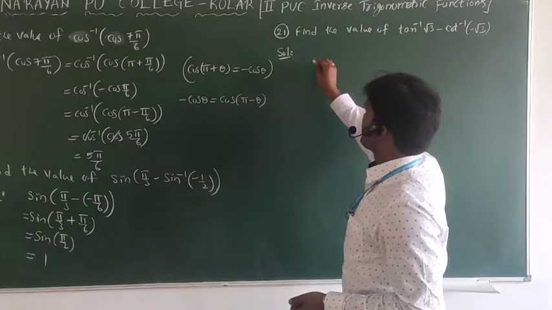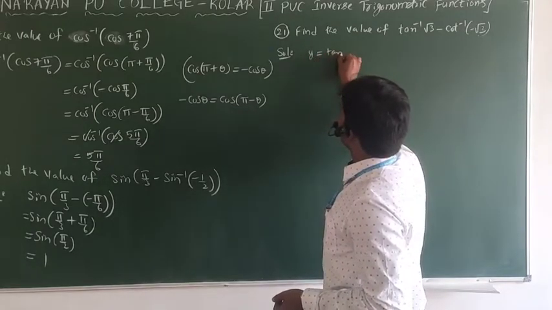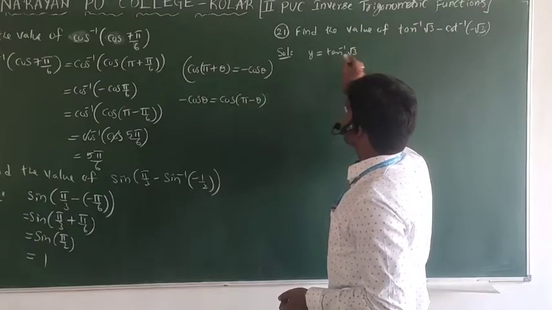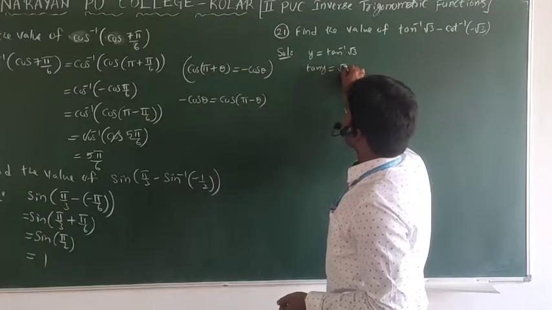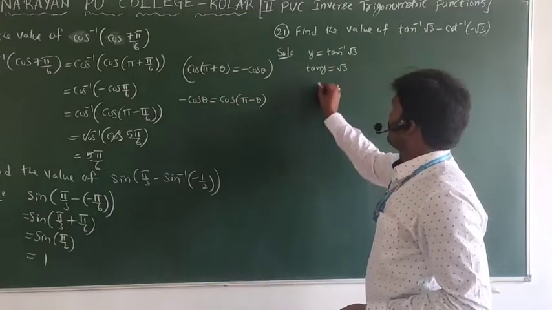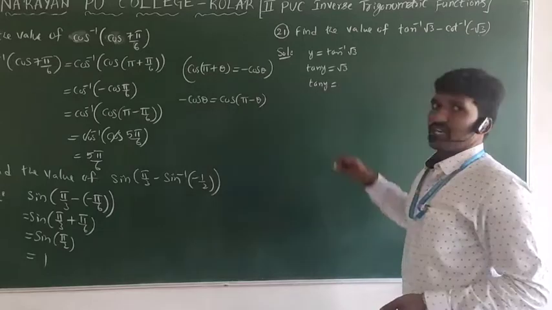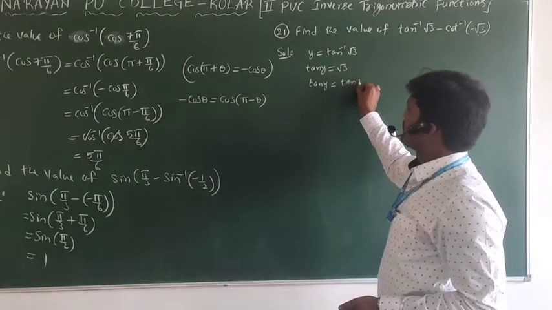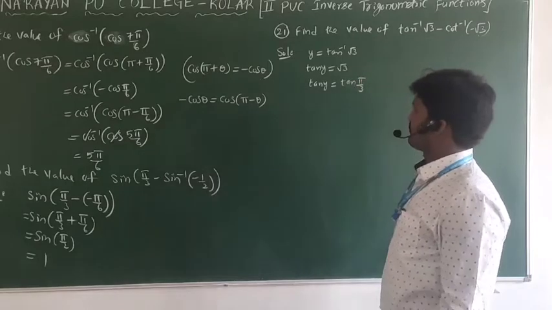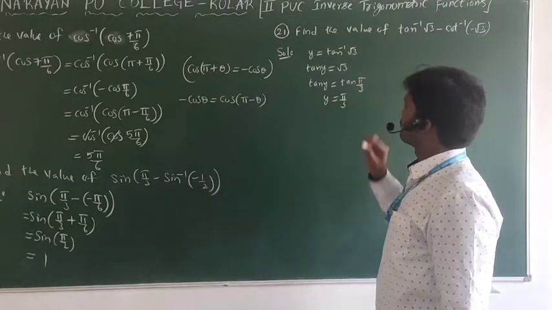First, tan inverse root 3. Assume the first value as y. So y is equal to tan inverse root 3. From this, tan y equals root 3. We can change this root 3 into a tan angle. How to change it? This is tan pi by 3. So from this, the y value is pi by 3.